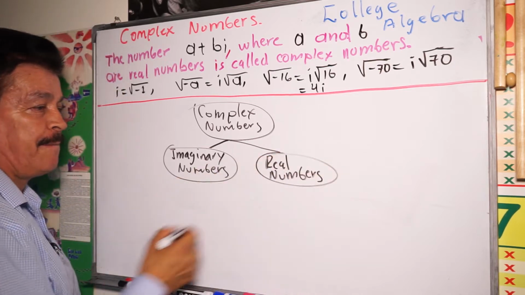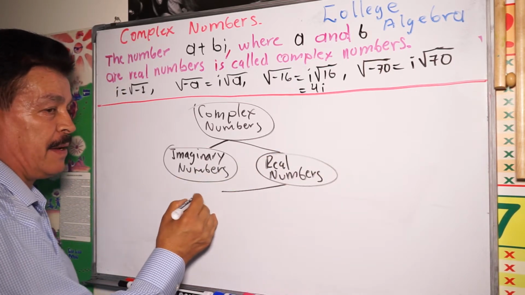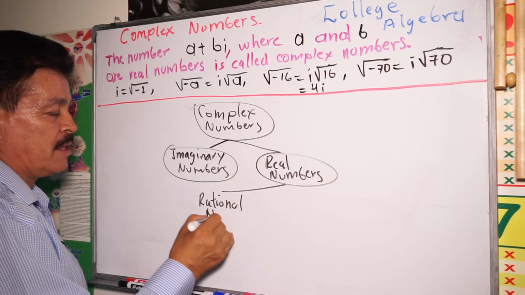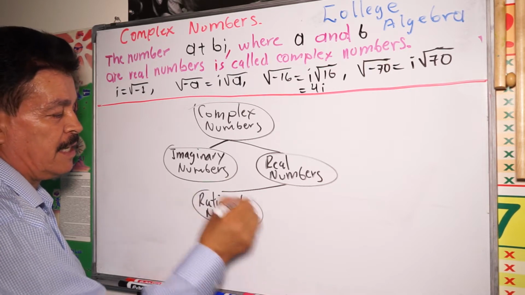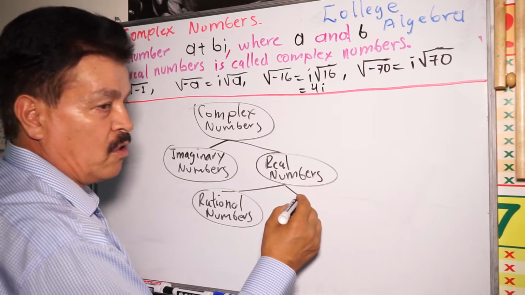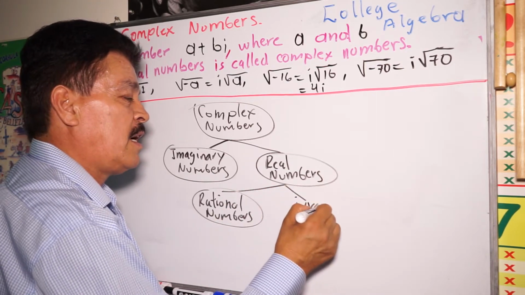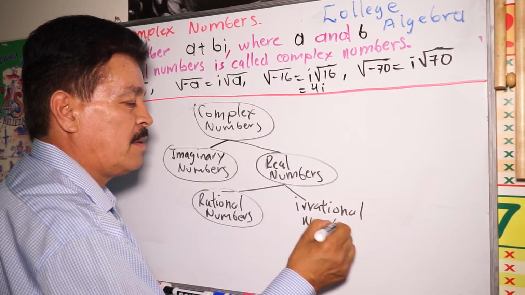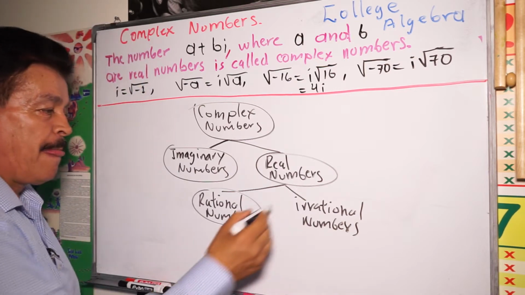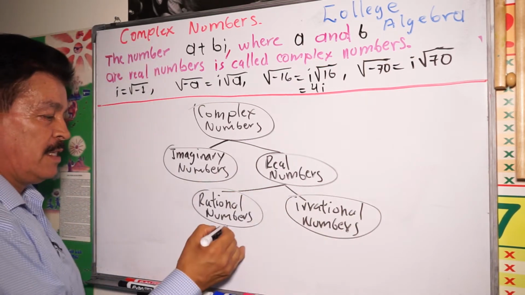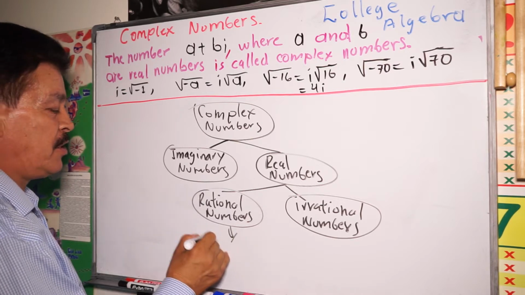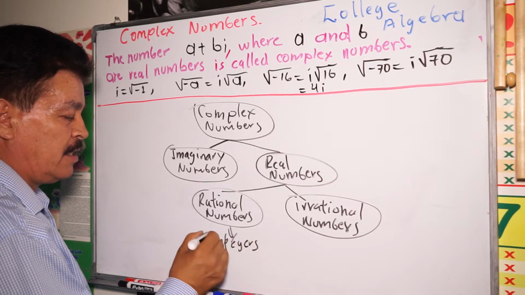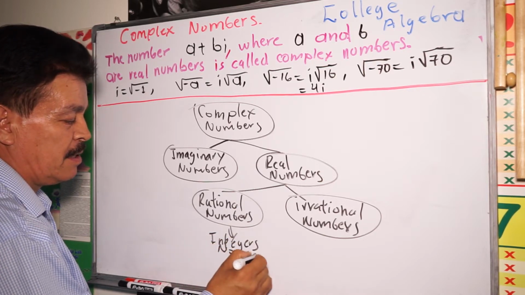Correct. The real numbers divide into rational numbers, correct, and of course, irrational numbers. Okay. Then we continue with integer numbers.